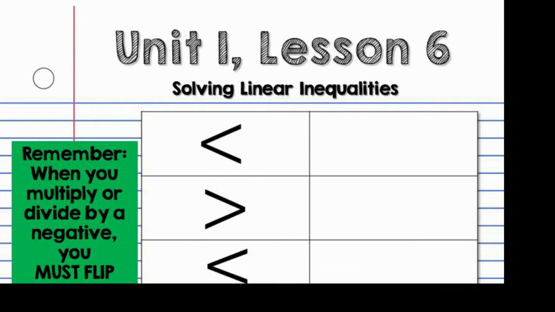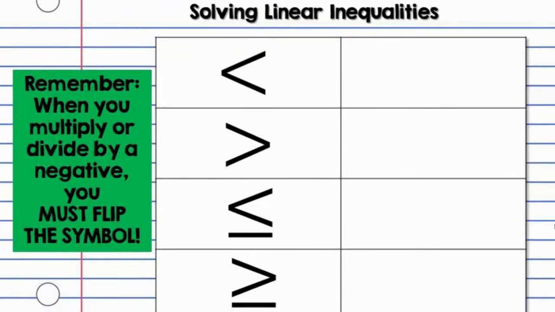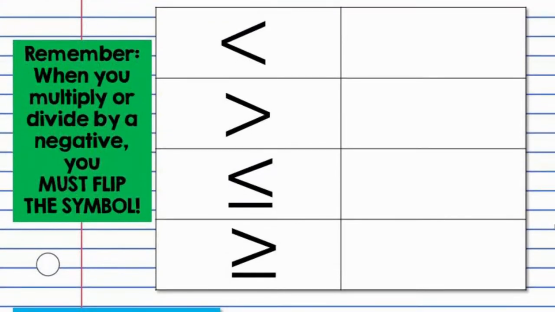So, linear inequality. Here are our inequality symbols right here. Let's review, what do these symbols even mean? If you see this symbol right here, this one is what we call less than.